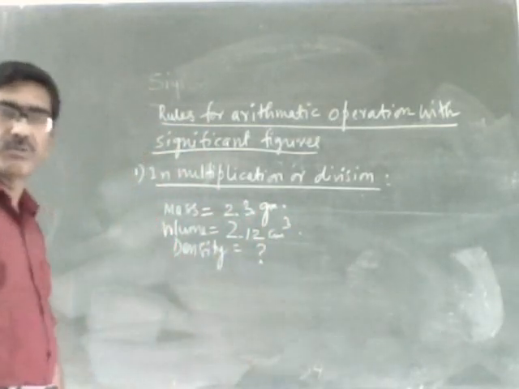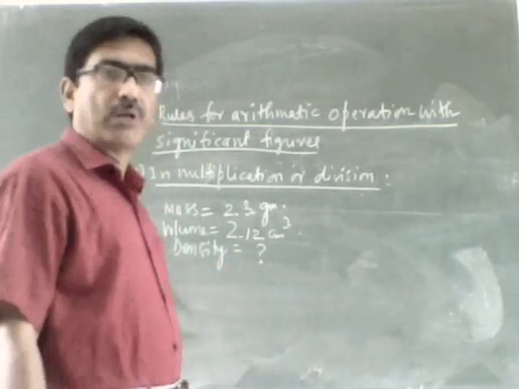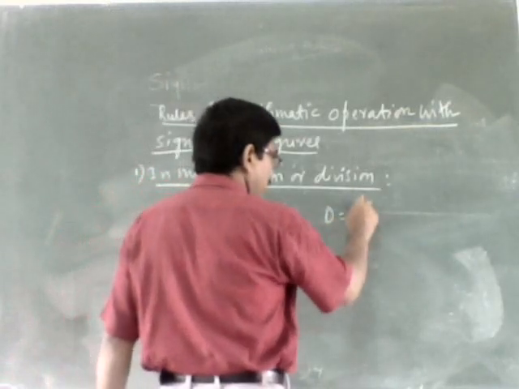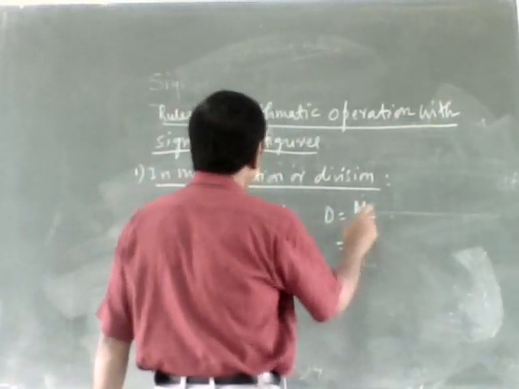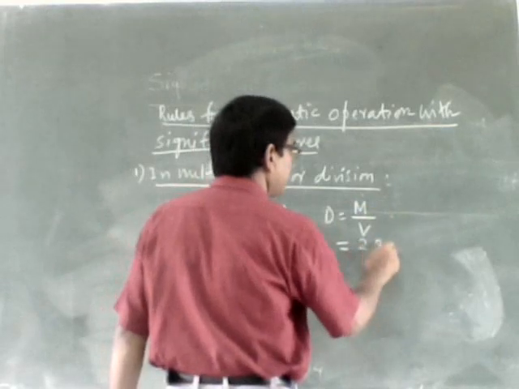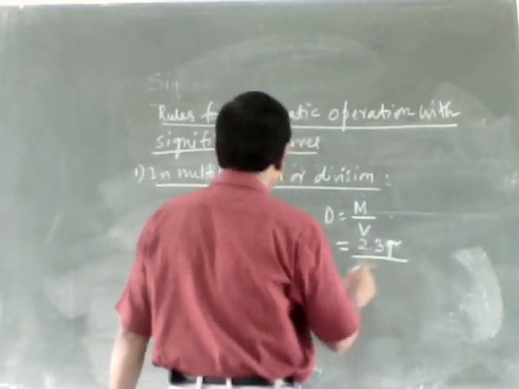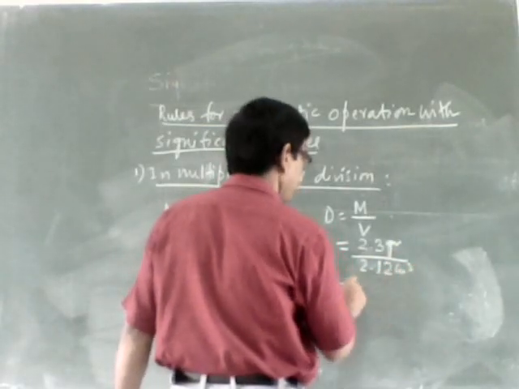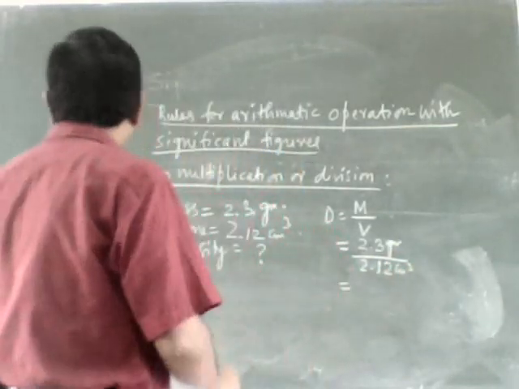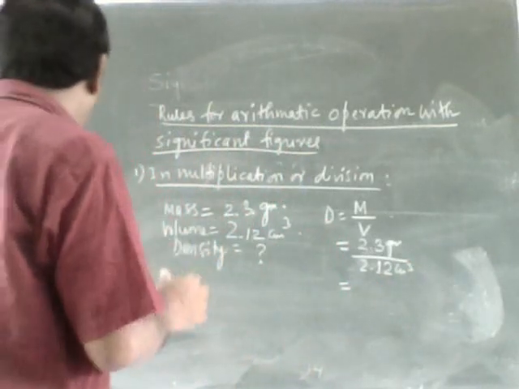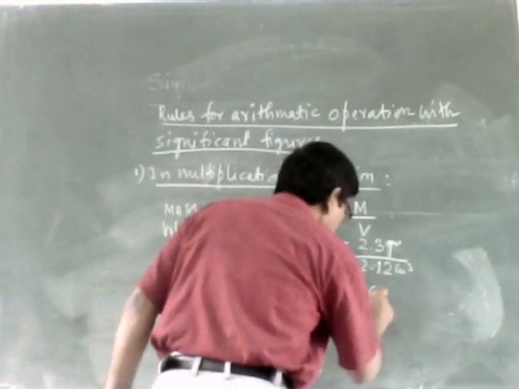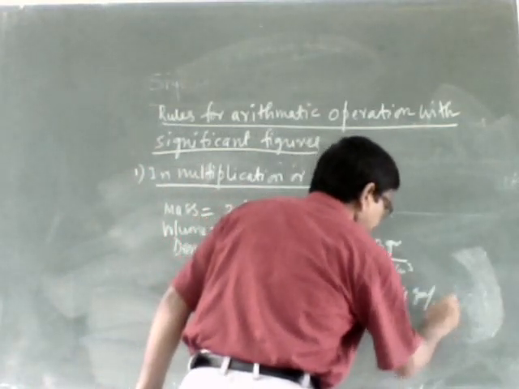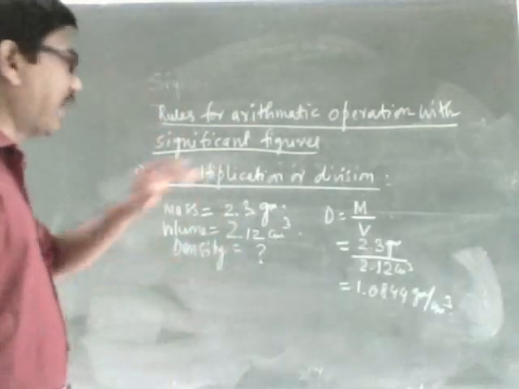What is the formula for density? Density is equal to mass per volume. So mass is 2.3 gram and volume is 2.12 centimeter cube. If you divide this, you get 1.0844 like that, gram per centimeter cube.